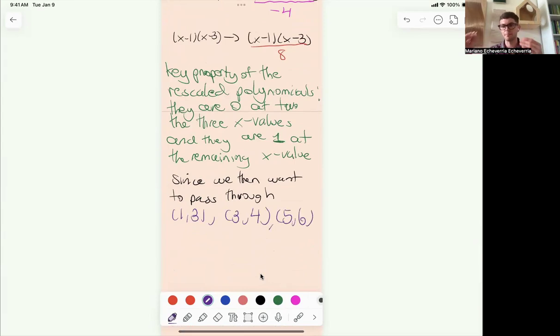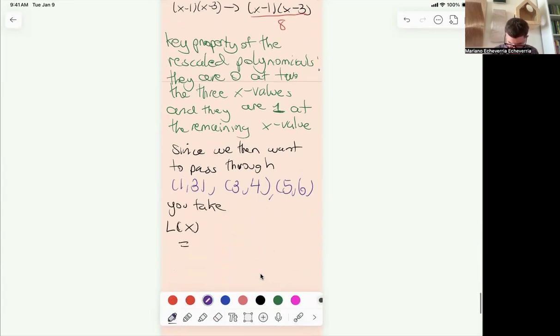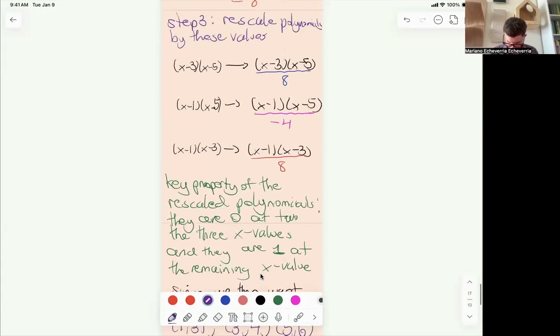What you do is a combination of these polynomials. So the first one gets multiplied by 3, which is what I was saying.